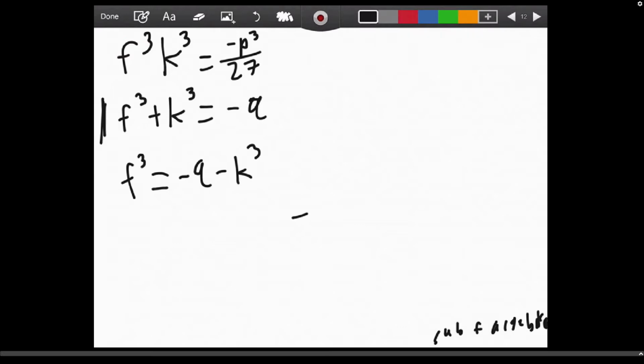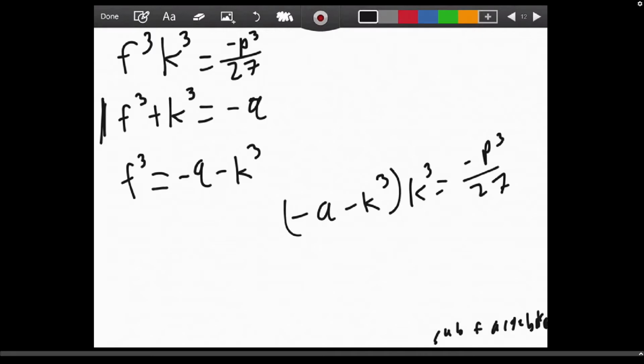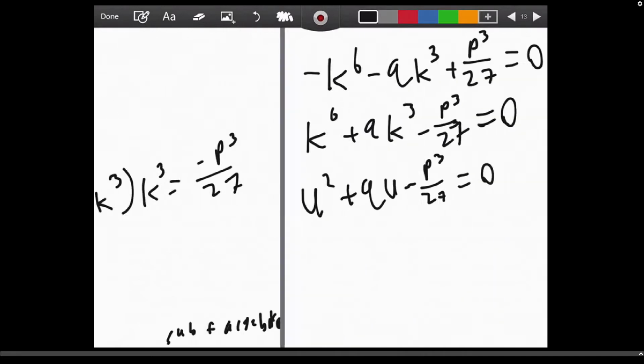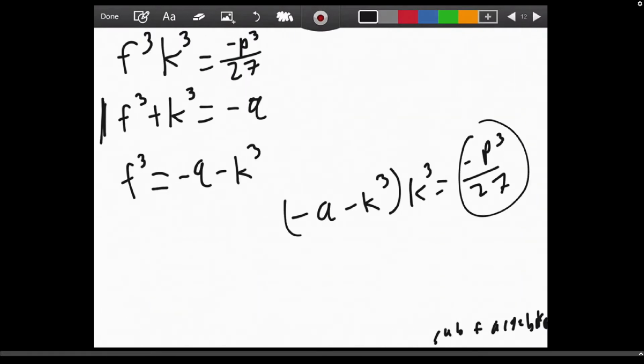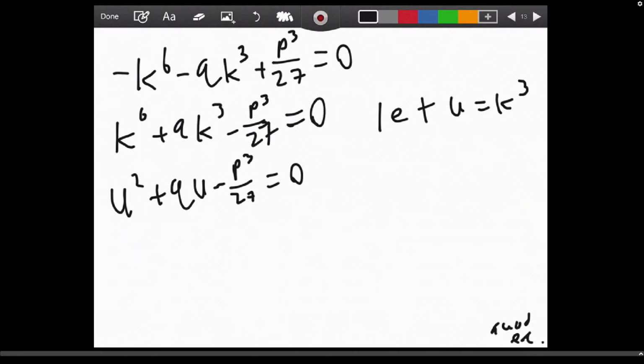So it becomes negative q minus k cubed times k cubed equals negative p cubed over 27. We distribute this out, and it gives us negative k to the power of 6 minus q times k to the power of 3 plus p cubed over 27 equals 0, after we move this p cubed over 27 to the other side.